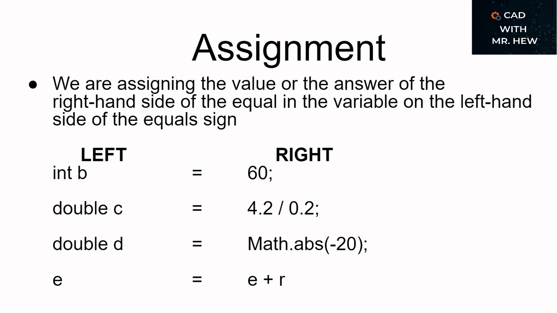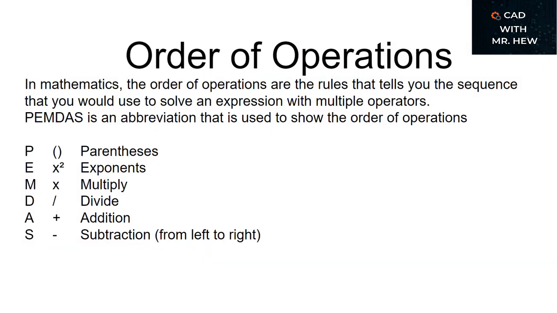To complete any mathematical expression, the order of operations that is used in math has to be used so that we can compute the final result before arriving at the assignment of the value to the variable which is on the left-hand side.